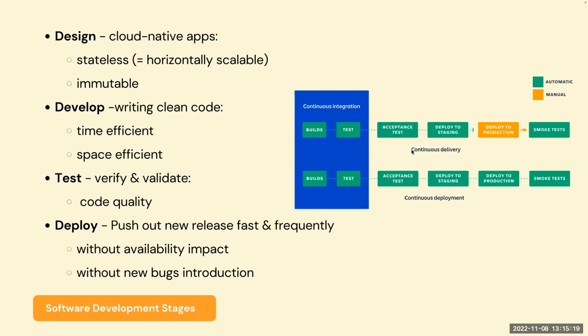Once you deploy, there are two things you need to take care of: make sure you don't impact the running application, and don't introduce any new bugs. Also, if you are aiming to continuously improve your CI/CD pipeline, a key metric is how you can release fast and frequently. That's one of the questions you ask yourself in that stage.